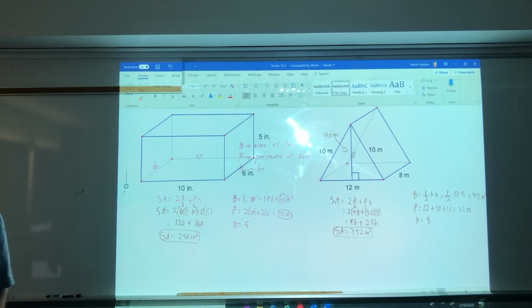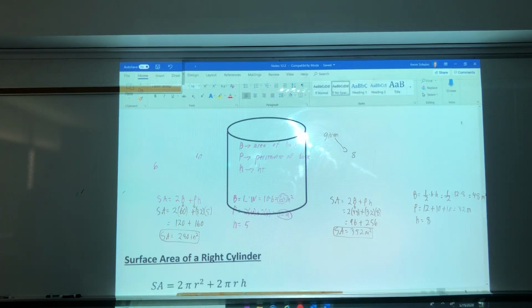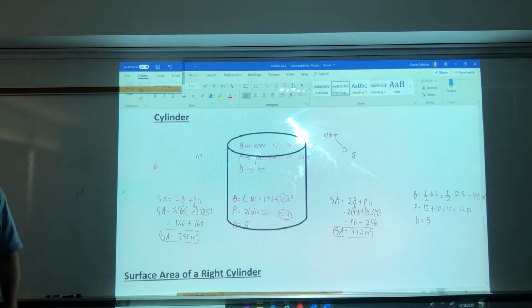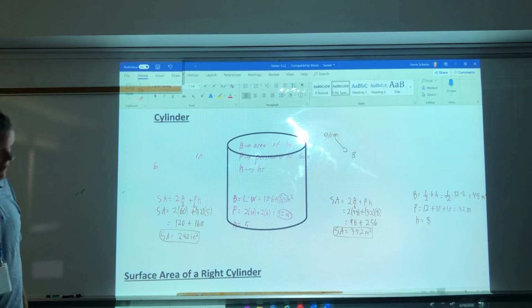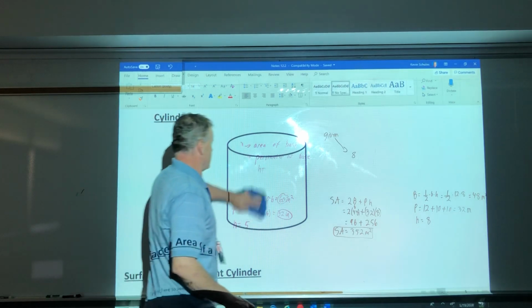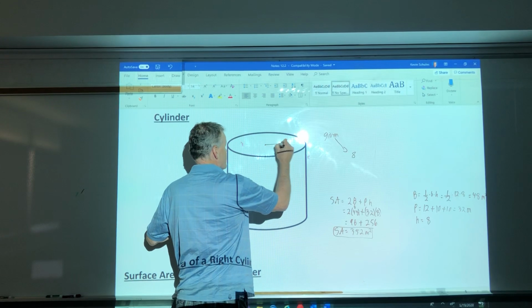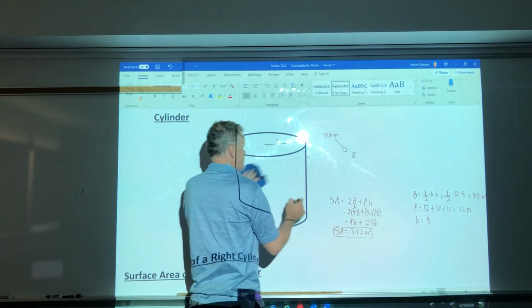Okay, the next thing we're going to look at is the surface area of a cylinder. We go to a cylinder, and obviously we want to identify what our radius is, which we all know. In this case, our radius is going to be from the center out. That's our radius.